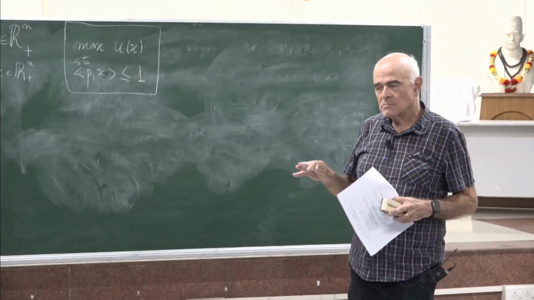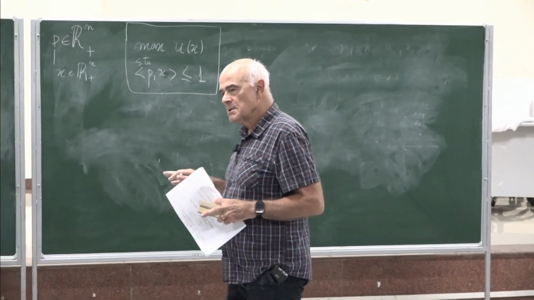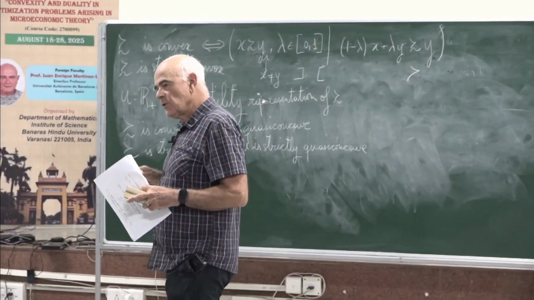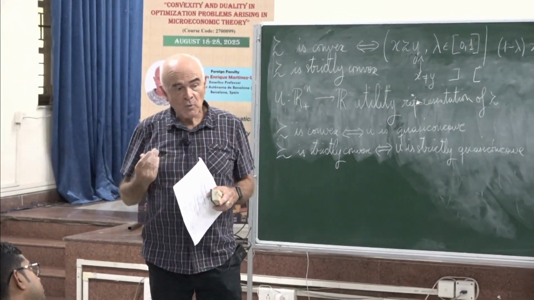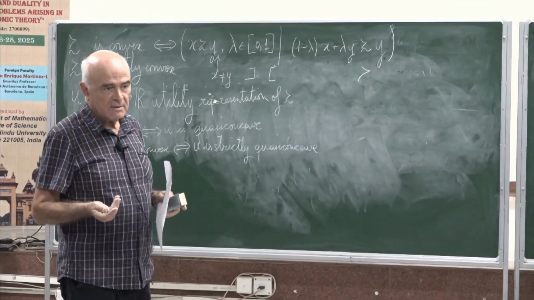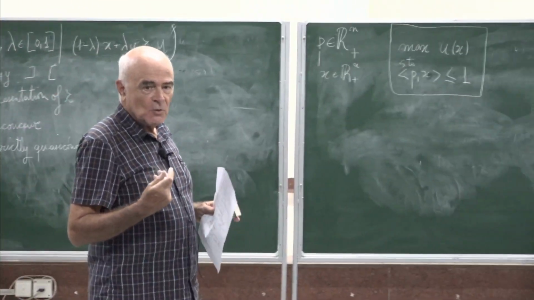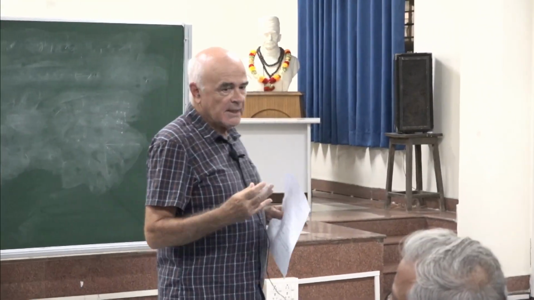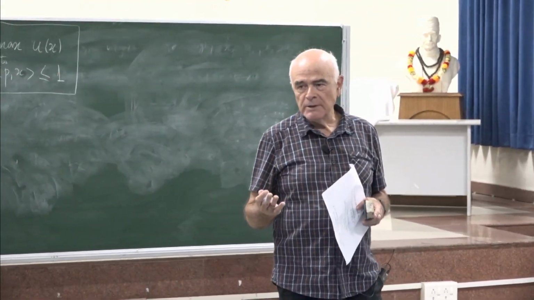And also some results will not be as nice here as in producer theory, because I don't want to make it nicer. Because if I do it nicer, I will incur in some technicalities which I want to avoid.